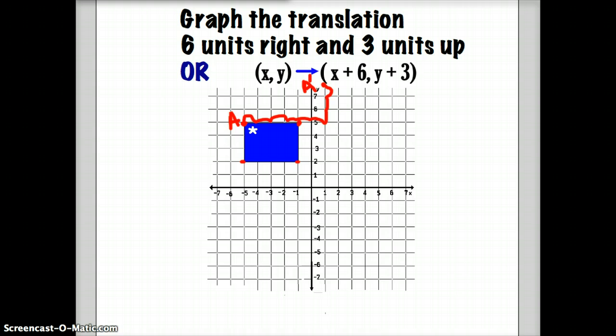Don't forget about your prime notation. Let's look at point B. Point B will also go 1, 2, 3, 4, 5, 6 units to the right, and 1, 2, 3 units up. So B prime will be here.